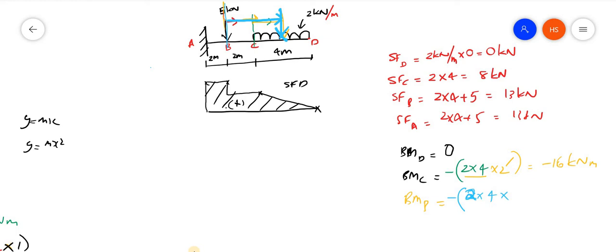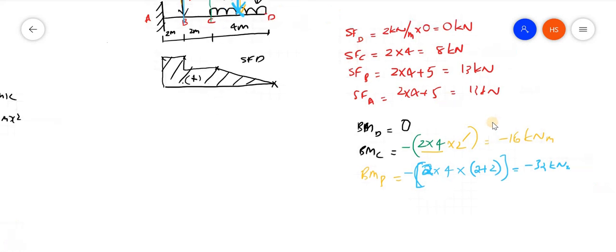This is 2 meter, again 2. So the distance will be 2 plus 2. So this will be the total moment. That is 8 into 4, that is minus 32 kilonewton meter. This you have to clearly understand. That is the bending moment at B.